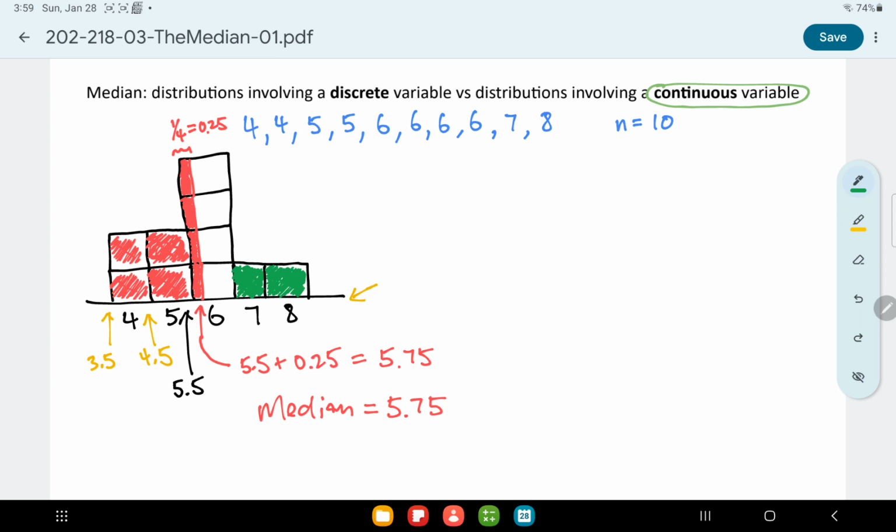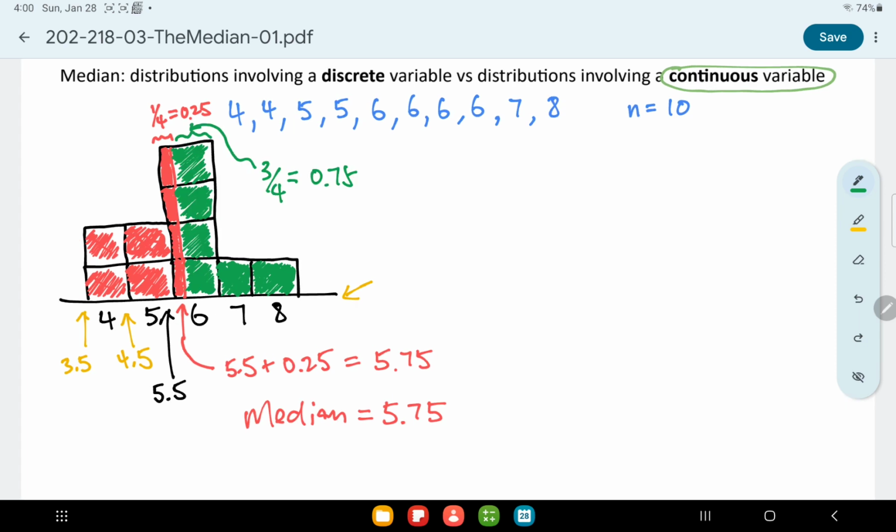Well, the answer is this. The answer is roughly 3/4. So we need 3/4 of every one of the 4 available squares, because 4 times 3/4 gives us 3.